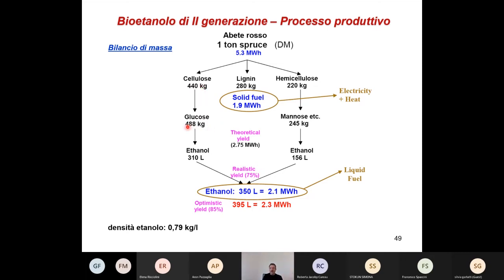And then the fermentation of glucose, only glucose, to obtain ethanol. These are theoretical efficiencies, just theoretical. Stop here for a moment.